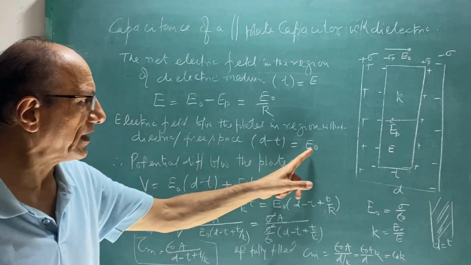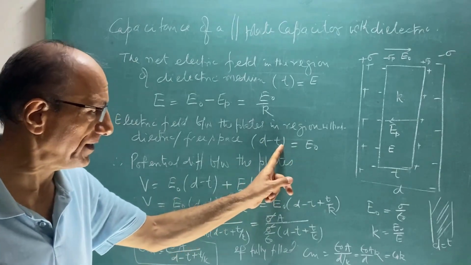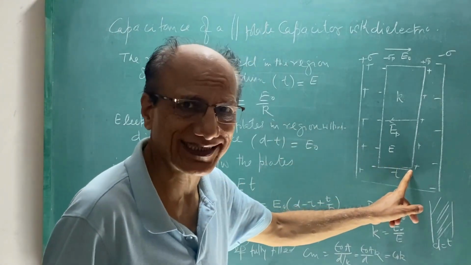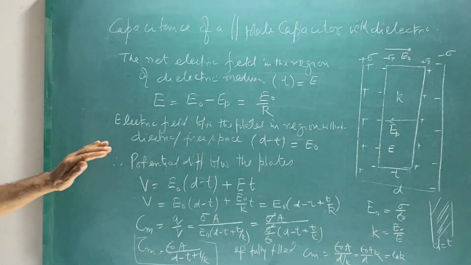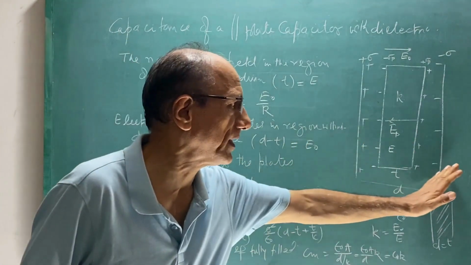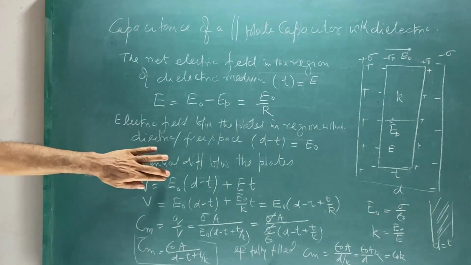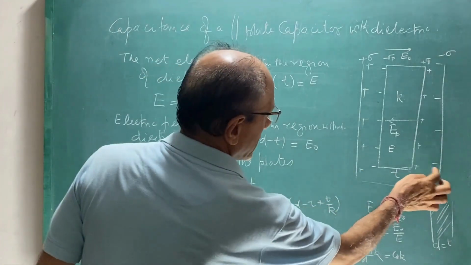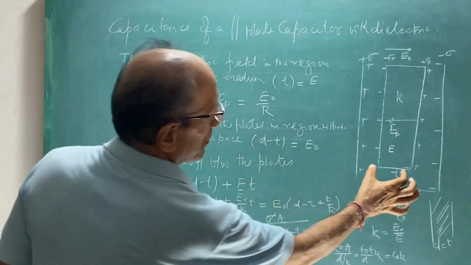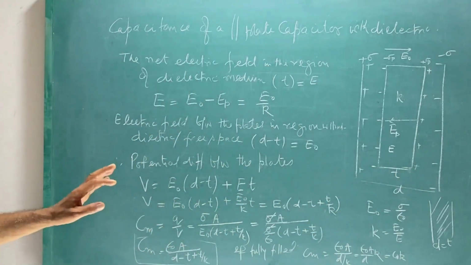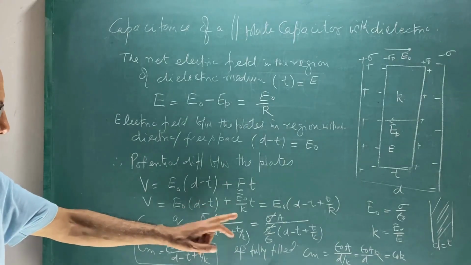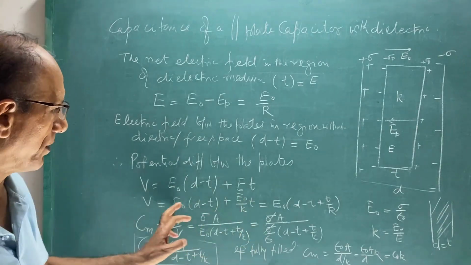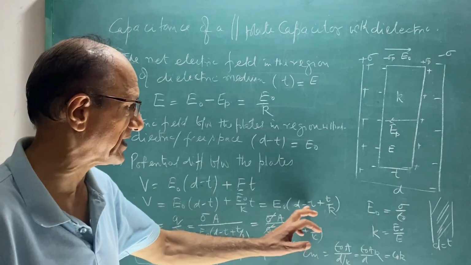So that means electric field E naught is in the region D minus T, and field E is in the region of thickness T. Now the potential difference between the plates of the parallel plate capacitor will be electric field into the distance, that means E naught into D minus T, this is free space, and E into this distance T. Replacing the value of E as E naught by K, we get E naught into D minus T plus E naught by K into T. Taking common E naught, we get E naught into D minus T plus T by K.